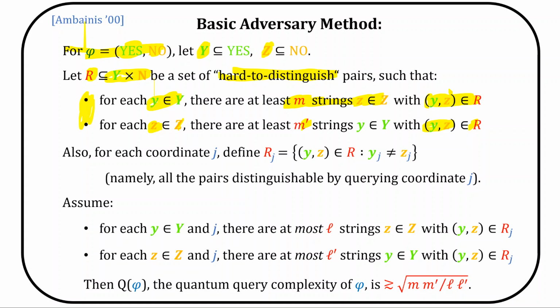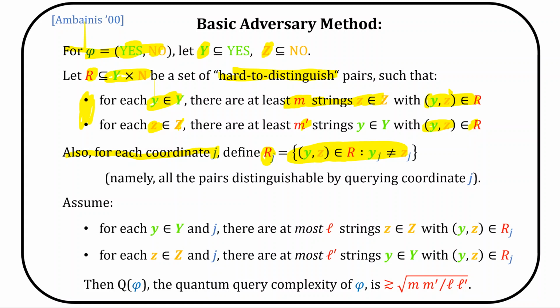But there's going to be a twist. For each coordinate j, let's define R sub j to be a subset of the hard pairs capital R.